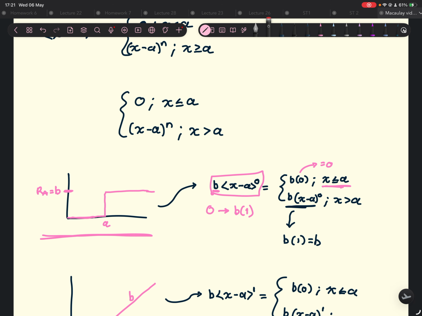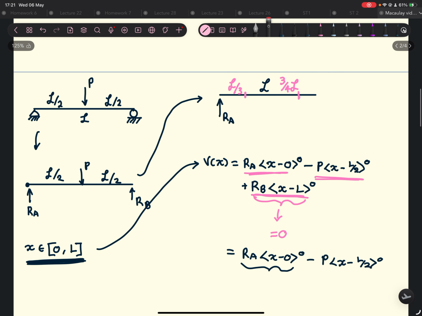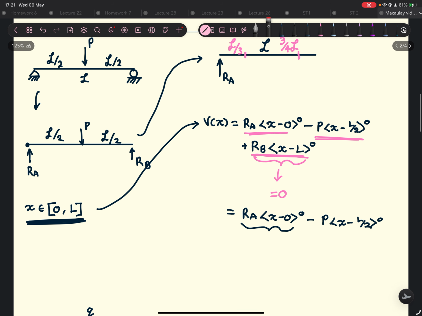So if x is defined up until infinity, this will carry on until infinity. But our beam over here is defined up until L, so RA will continue up until L, if that makes sense. So we can simplify this then to just RA.